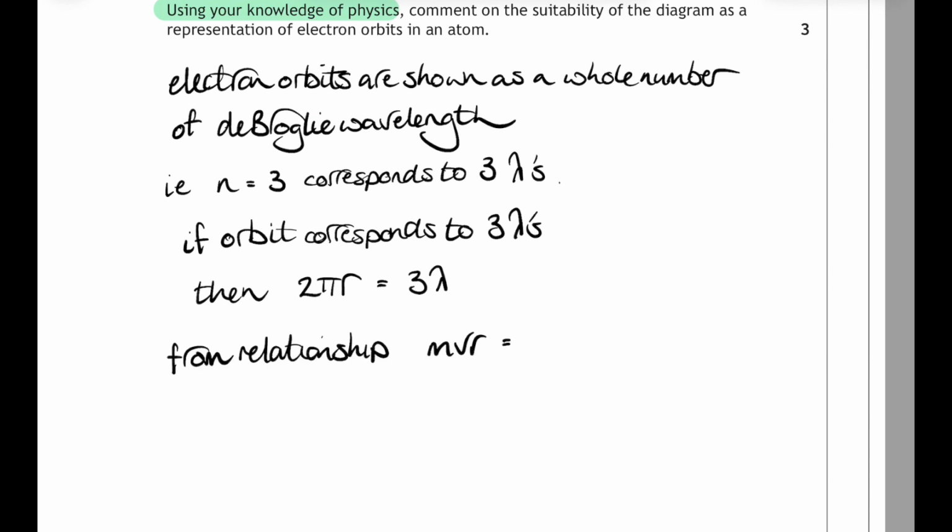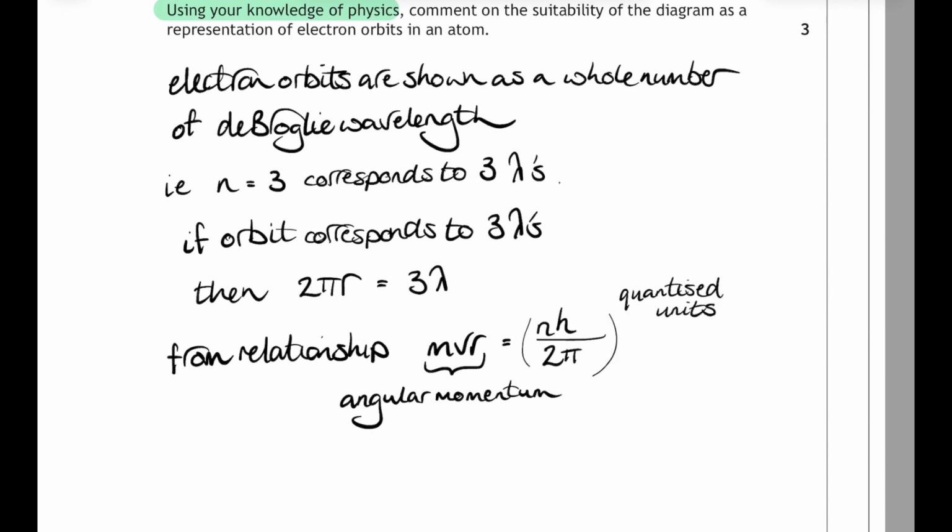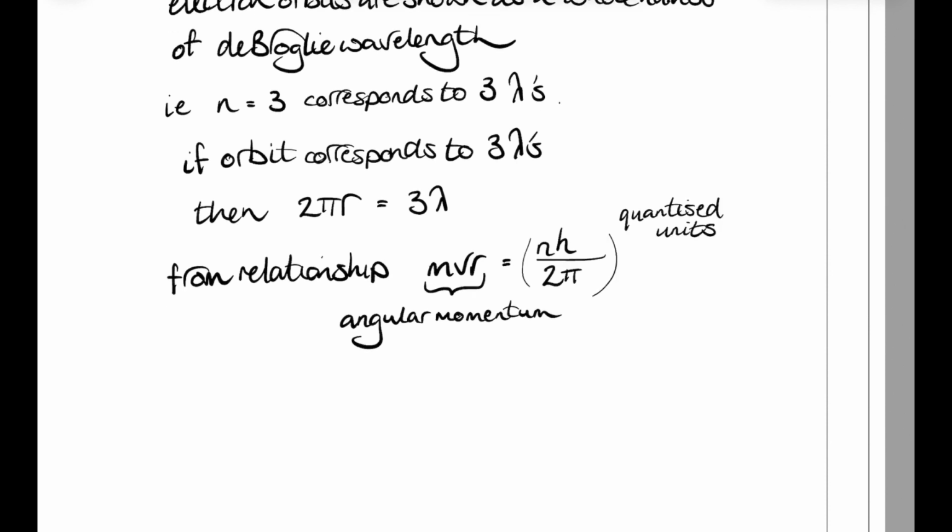And also from your relationship sheet, the angular momentum of an electron in an orbit is quantized in units of nh over 2 pi, where n is equal to 1, 2, 3, 4, in other words a whole number.